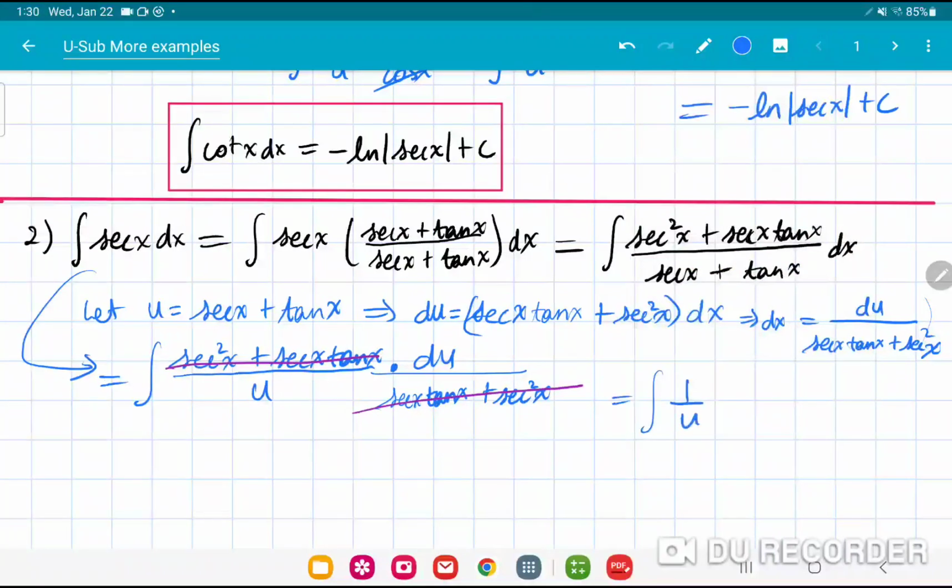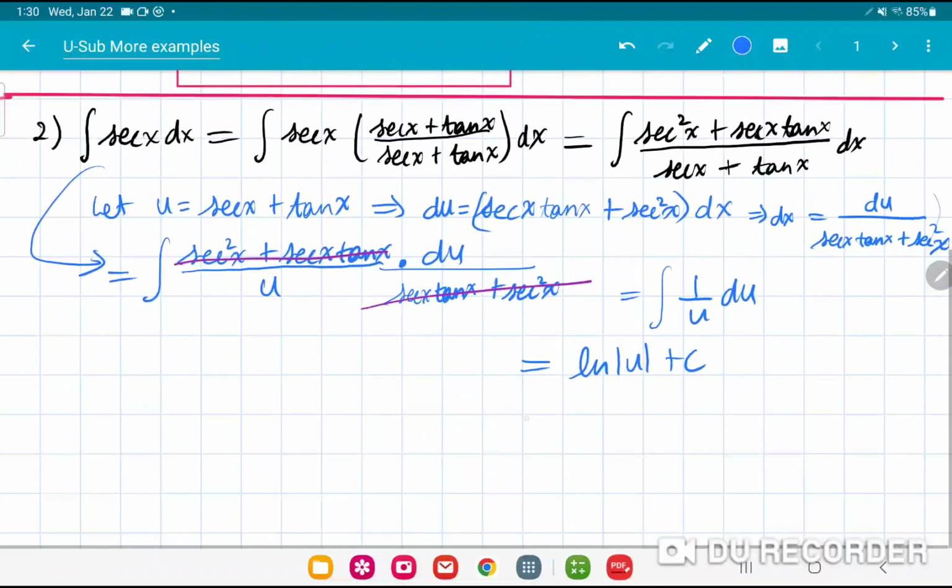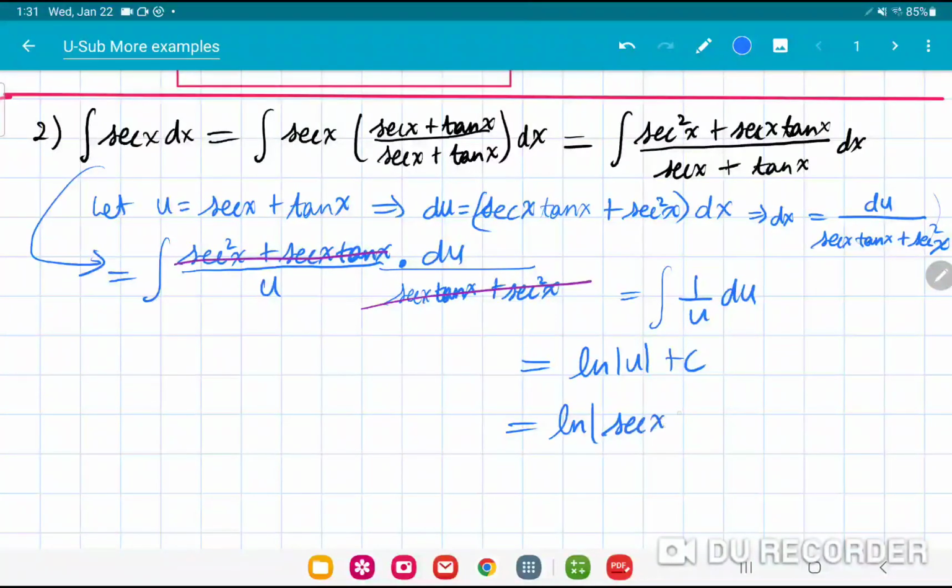integral of 1 over u du, which equals natural log of absolute value of u plus c, which equals natural log of absolute value of secant of x plus tangent of x plus c.